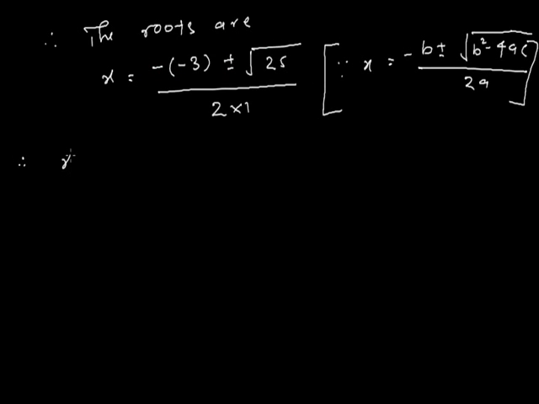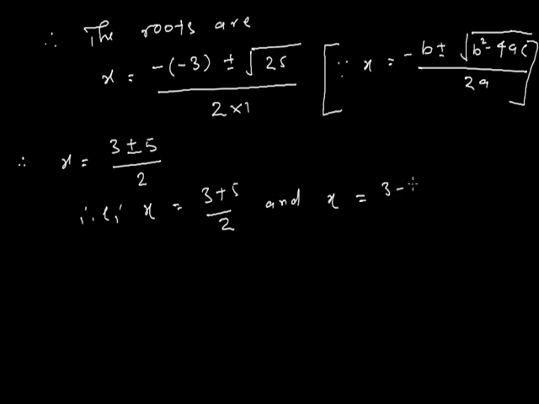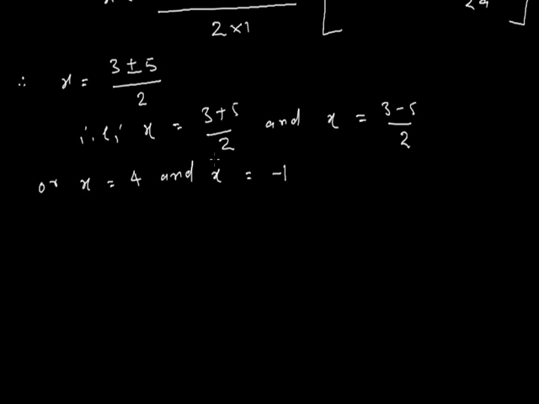Therefore the roots are x equal to 3 plus minus 5 upon 2, that is x equal to 3 plus 5 by 2 and x equal to 3 minus 5 by 2, or x equal to 4 and x equal to minus 1. These are the roots of the quadratic equation, which are rational.